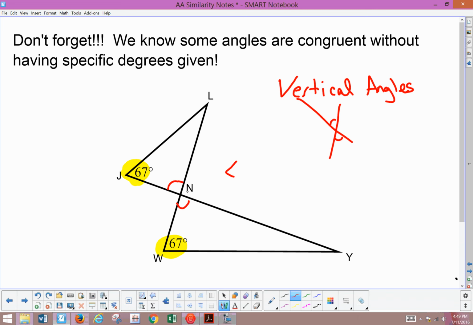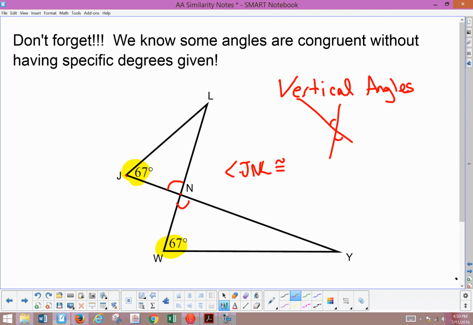It could mean angle N on the left side, on the right side, down here at the bottom, or over here on the left on the bottom. There are too many angles at that point. So when I name the angle, I have to name the angles using 3 points. Start at J, turn around at N, and go to L. That tells me my angle JNL, N is where the corner is.